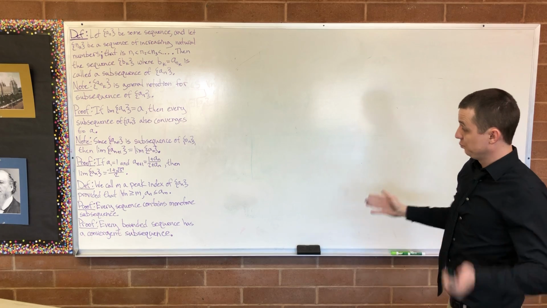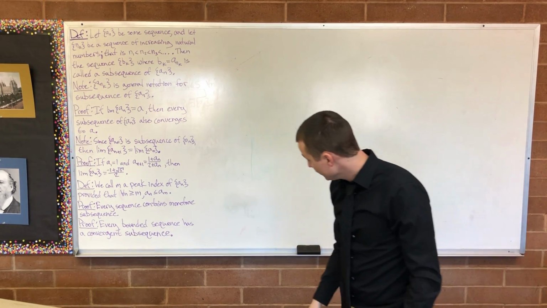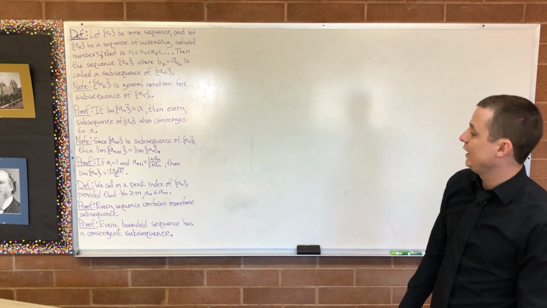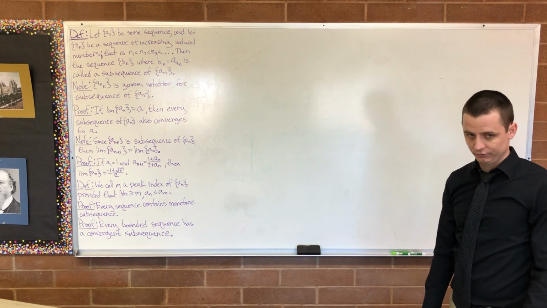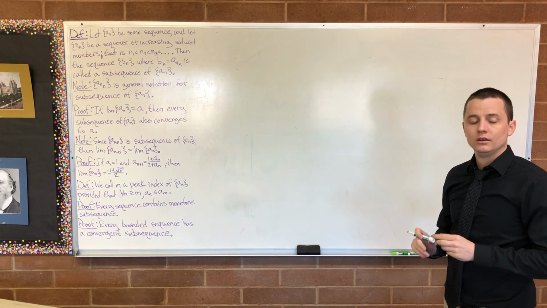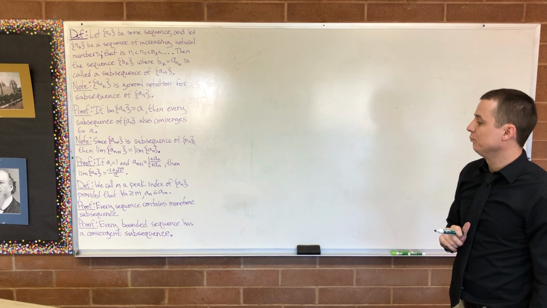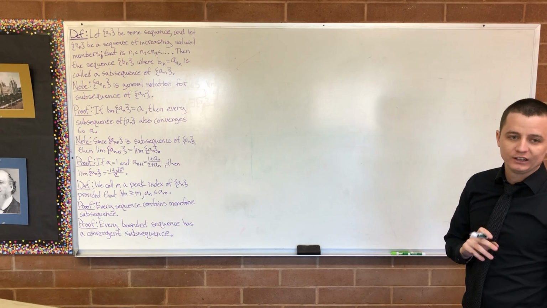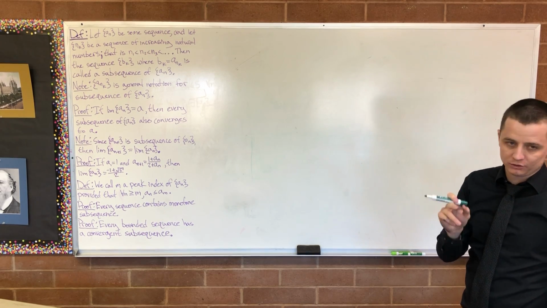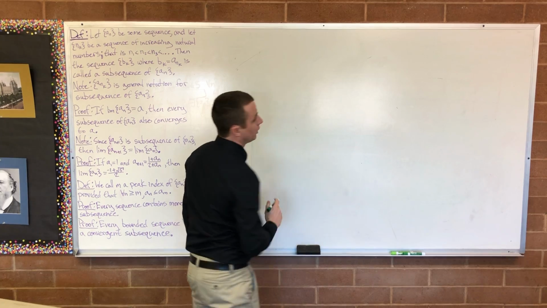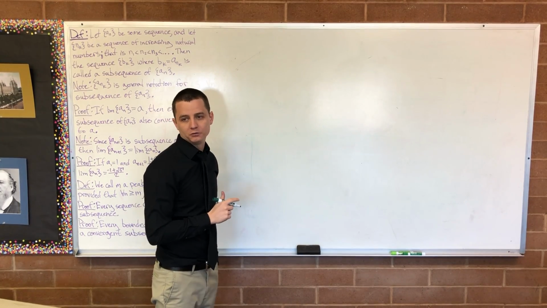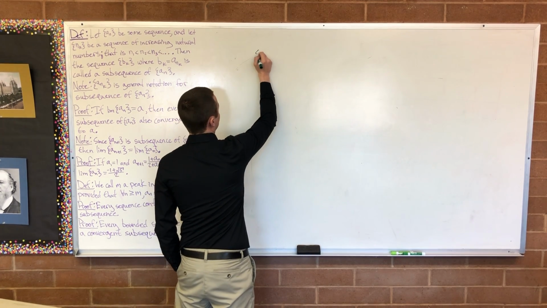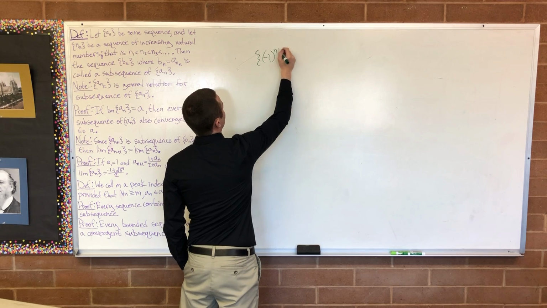So, peak index, I think you've got the feel for it. Next: every sequence contains a monotone subsequence. So for any sequence you pick, I can always find a subsequence of it that's monotone. Let's pick a sequence that isn't monotone. Give me a sequence that isn't monotone. -1 to the n, perfect.